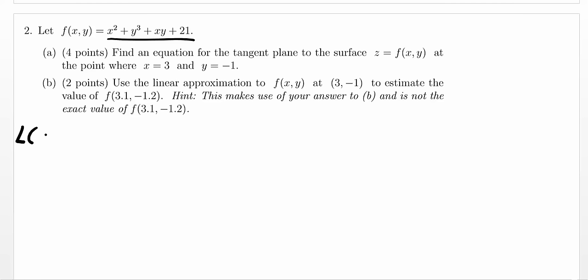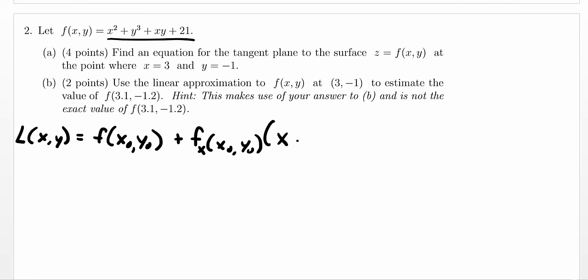Linearization at x comma y is equal to f of x naught, y naught, plus partial x evaluated at x naught, y naught, times x minus x naught, plus partial y evaluated at x naught, y naught, times y minus y naught.